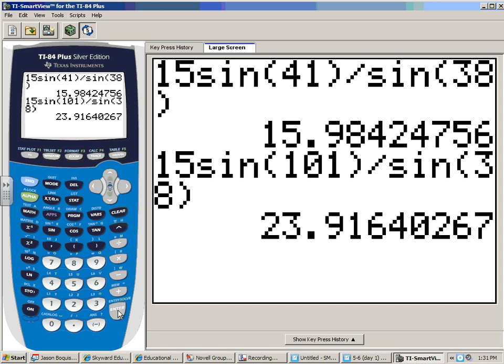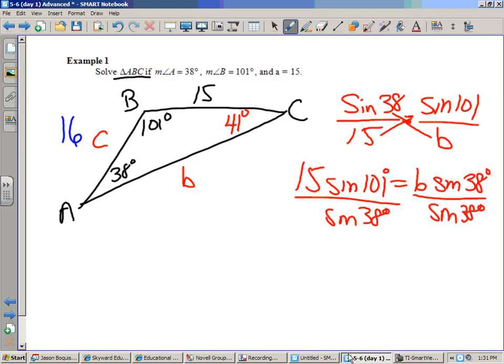Nearest 10th would be 23.9. Yeah, it does. It's bigger, right? I mean, that makes sense. Any calculator issues or any questions? So right here, 23.9. I thought I saw a hand. Did it go down? Okay.